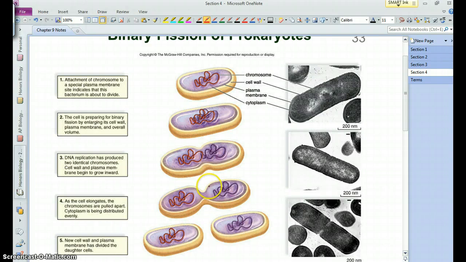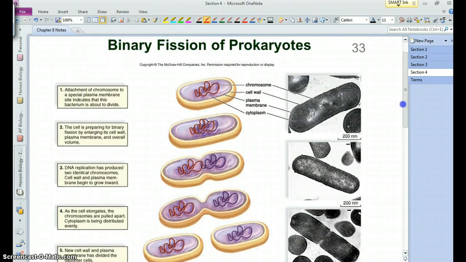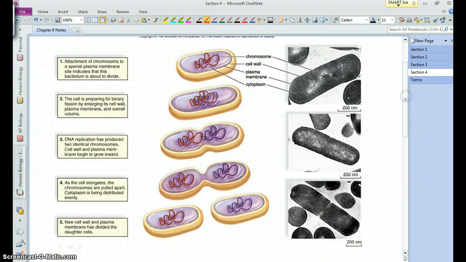The cell splits in two, and you end up with two bacterial cells that are clones of each other. Prokaryotes do not do mitosis. Mitosis only happens in eukaryotes, which have a nucleus and multiple chromosomes, so it's not needed in prokaryotes. They simply make a copy of the chromosome, elongate, split in two, and there you go.